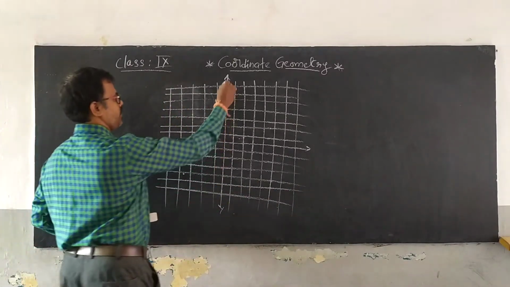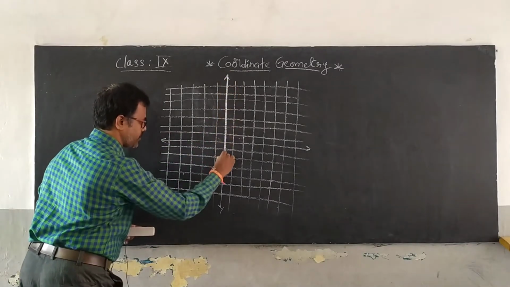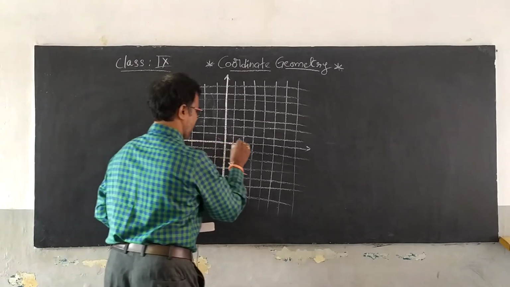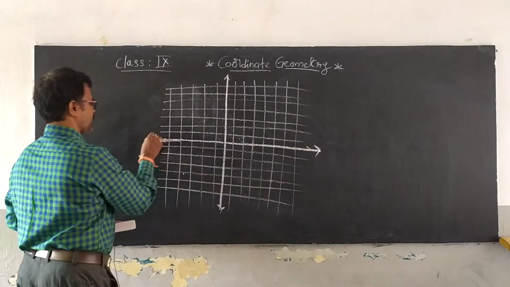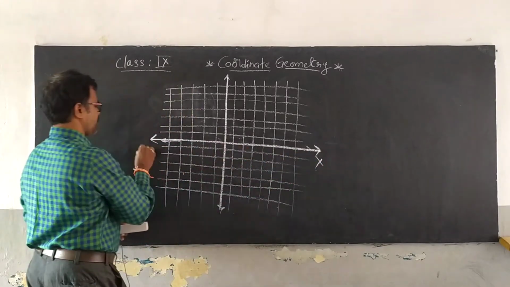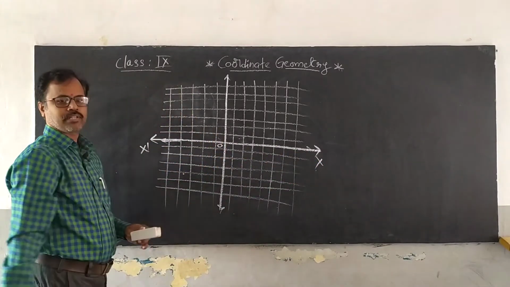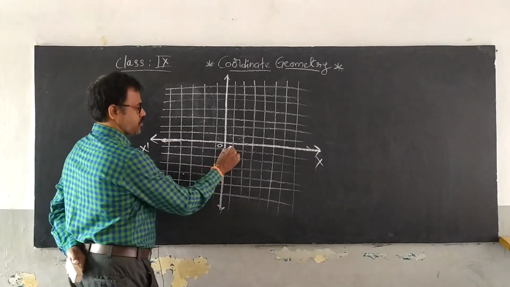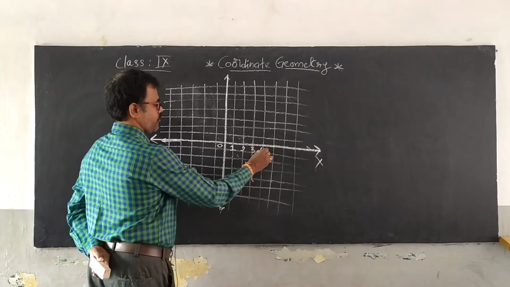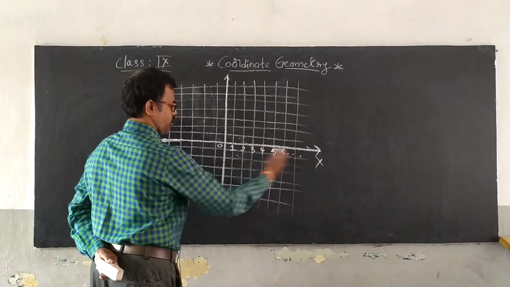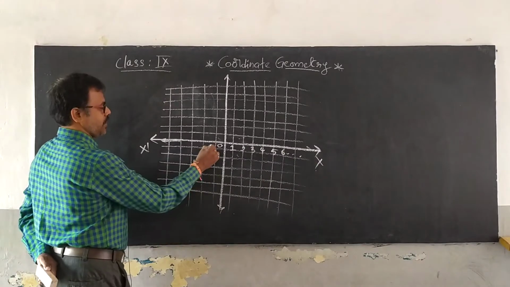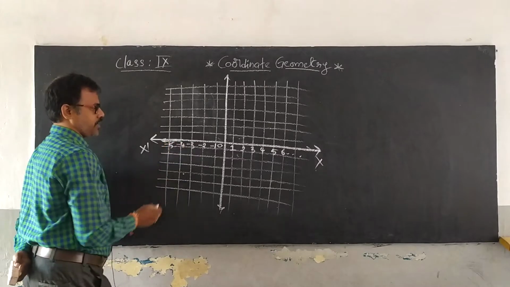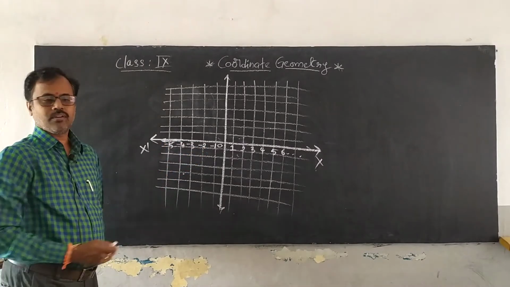Now observe this line, drawn perpendicular to the line which is parallel to the x-axis. This is taken as the x-axis, with the point of intersection as origin. The values 1, 2, 3, 4, 5, 6 are positives to the right, and -1, -2, -3, -4, -5 are negatives to the left of the y-axis.